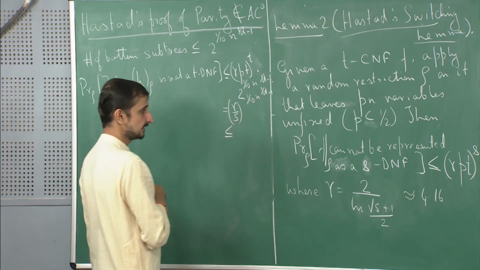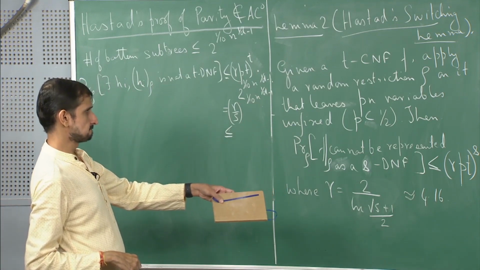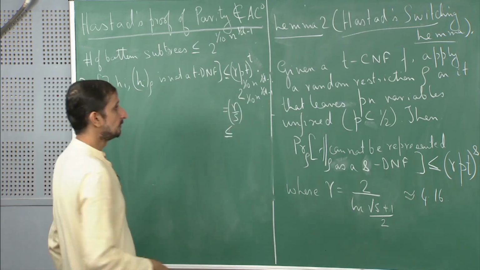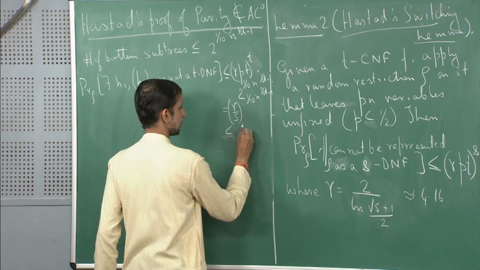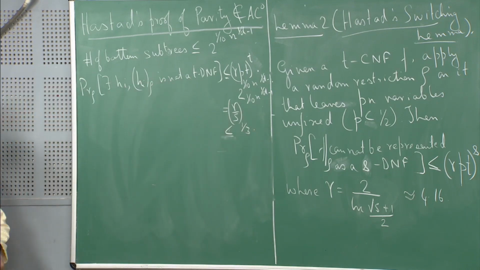I have already done the simplification. By our choice of n, this is less than 1/3. Okay.